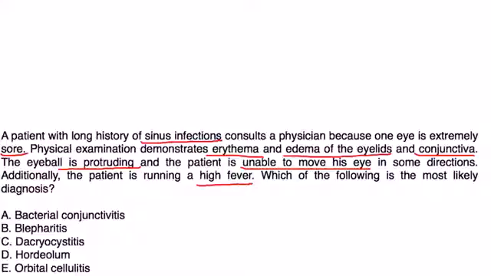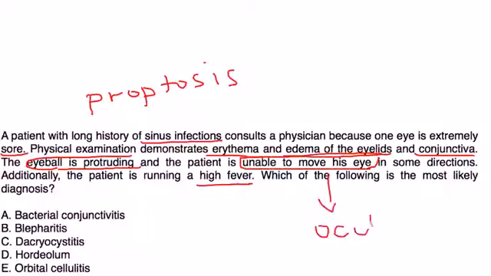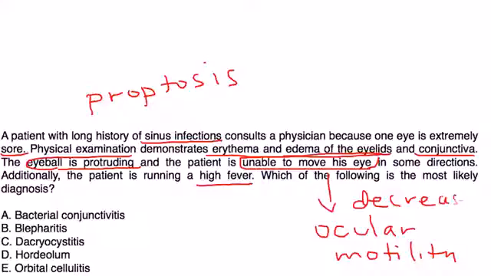Which of the following is most likely? Well, the key things in this: the eyeball is protruding, so that's the proptosis. Unable to move his eye, that's the ocular motility being decreased. And you've got the fever. So all this points to orbital cellulitis.